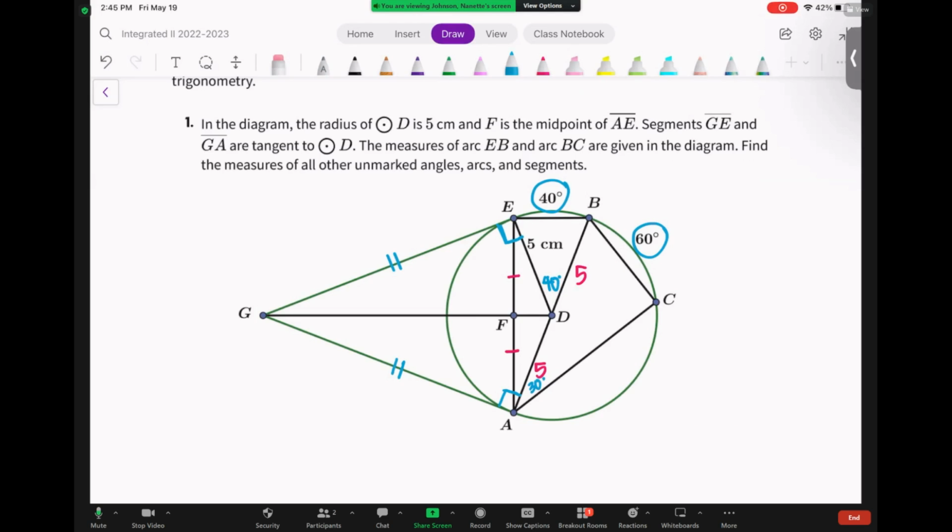I could do the same thing for arc EB and angle EAB. So go ahead and figure that out. What is this angle in here? Since we know his intercepted arc, his pizza crust, is 40 degrees, that angle will be half of the intercepted arc. So that means it's going to be 20 degrees. Very good.